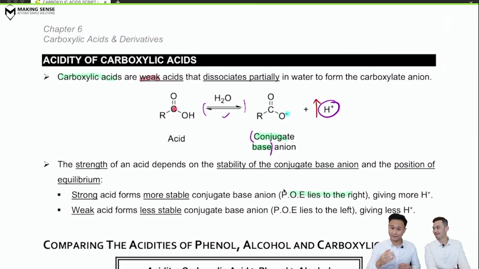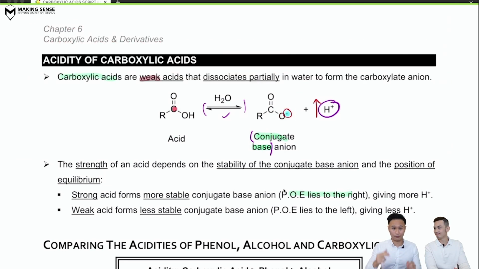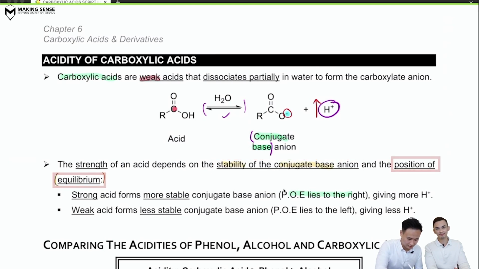No. So if I want my conjugate base to be more stable, so my POE can push to the right, I need to find a way to disperse this negative charge, okay? And this is exactly why our lovely tutors in class will talk to you about it: the more stable this conjugate base becomes, the more my POE pushes to the right, okay? And the stronger my acid is.